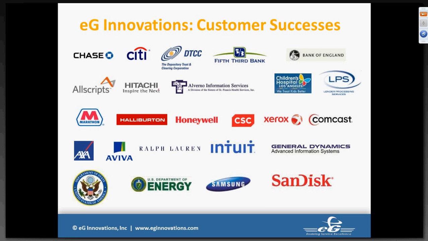We also work with service providers who offer our software as a managed service to their customer base. As I said, we've been in existence since 2001. We have offices around the world, in the US, UK, the Netherlands, Hong Kong, Singapore, and India.